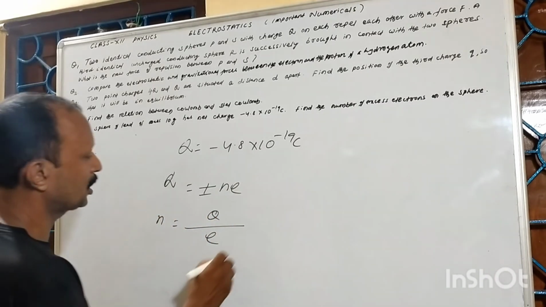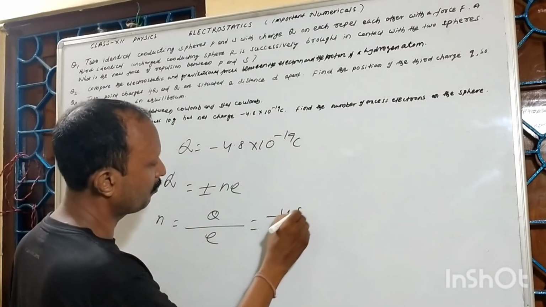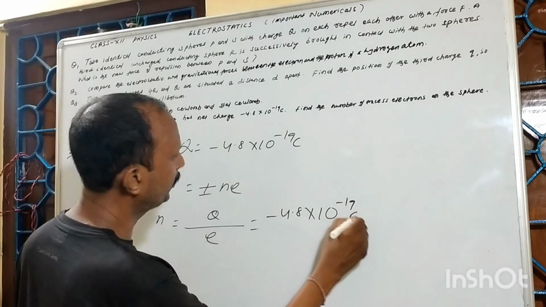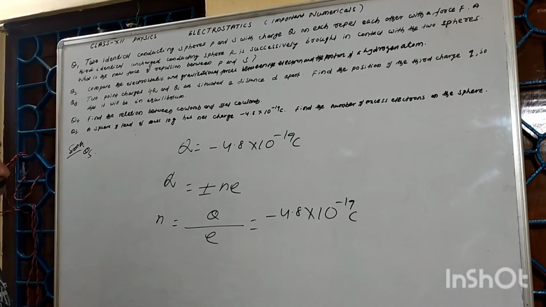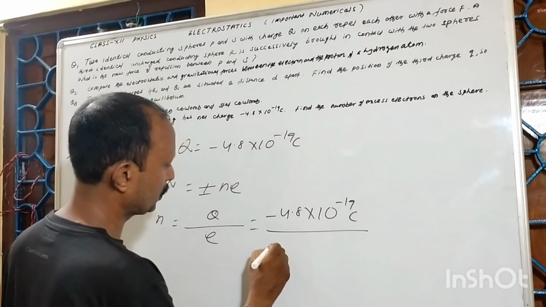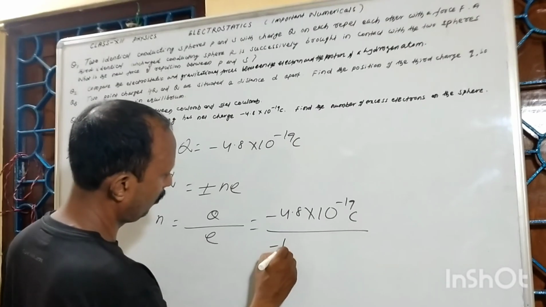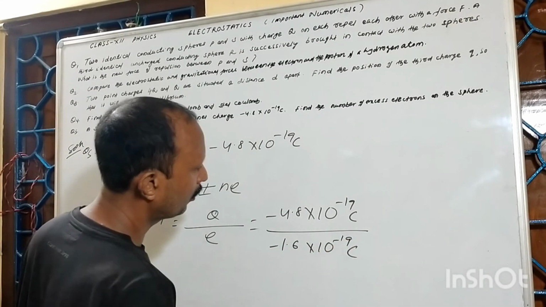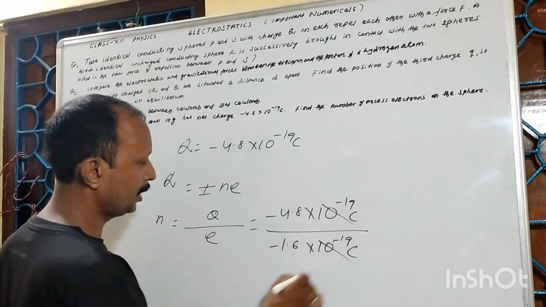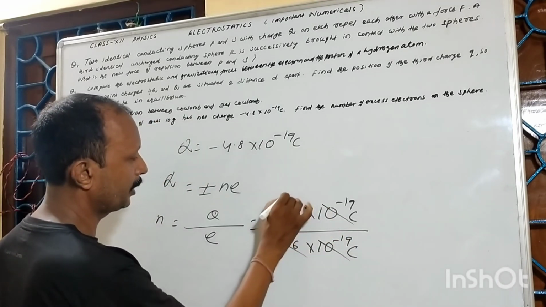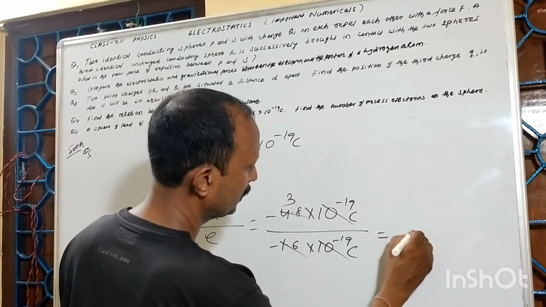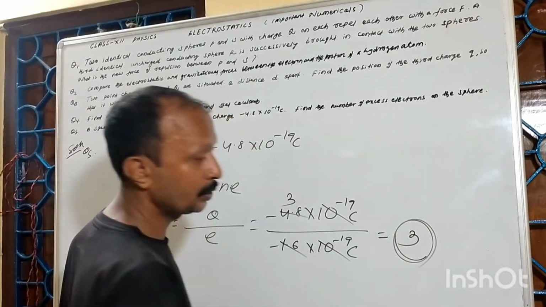Here the charge is given as minus 4.8 into 10 to the power minus 19 Coulomb, and the charge of an electron is minus 1.6 into 10 to the power minus 19 Coulomb. So this cancels, 4.8 by 1.6 is 3, which means the number of excess electrons is equal to 3.